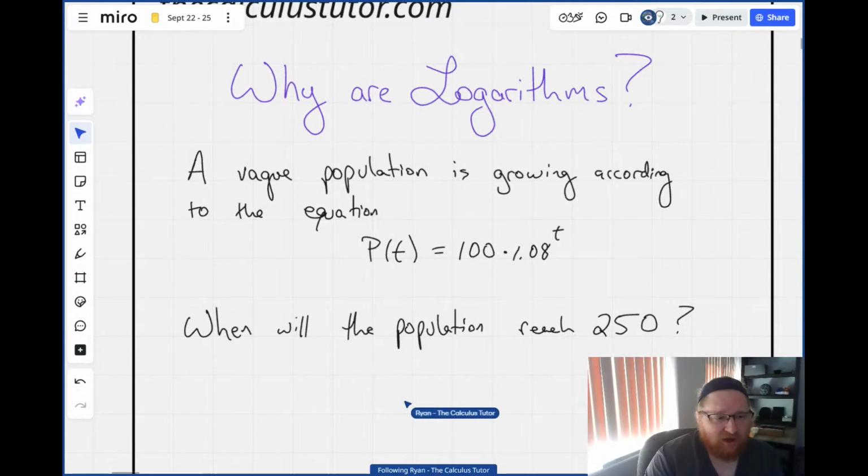Suffice it to say, we can model population growth using equations. Populations can experience exponential growth, so there might be a period of time where this is a good equation to model that population's growth. It probably wouldn't be the best equation in the long run, but over a limited period of time. It's also very sensible to ask when a population will reach a certain amount, right? I grew up in Southern Oregon, definitely east of the Cascades, and so we hunted deer and things like that.